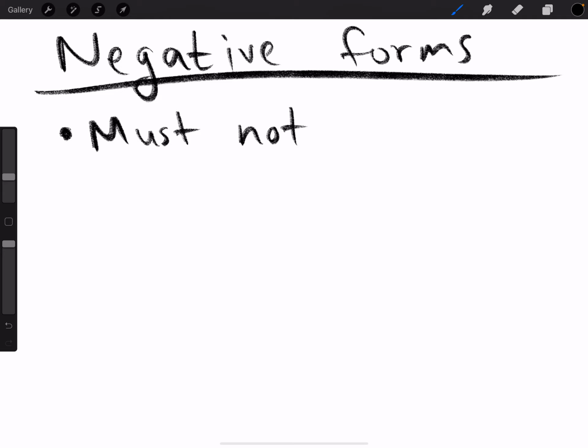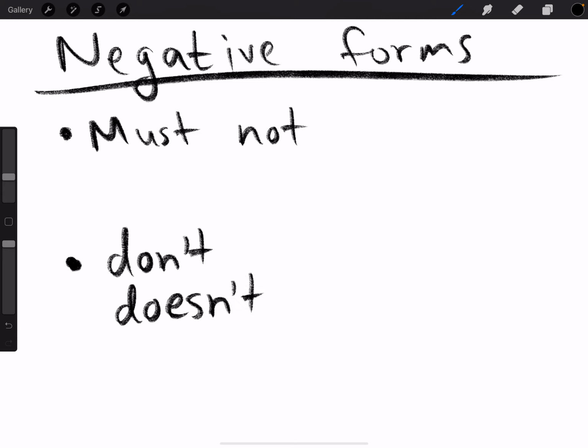Okay? Or the negative form of have to, we're going to use the verb to do. So we use don't or doesn't have to. Okay?